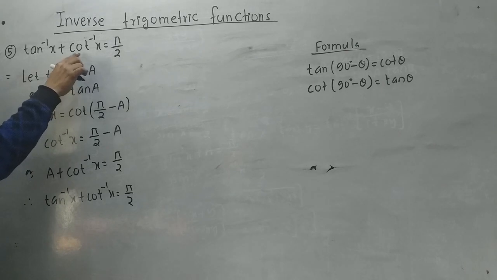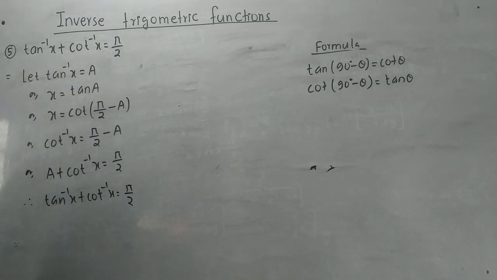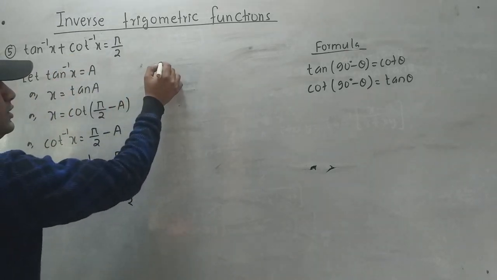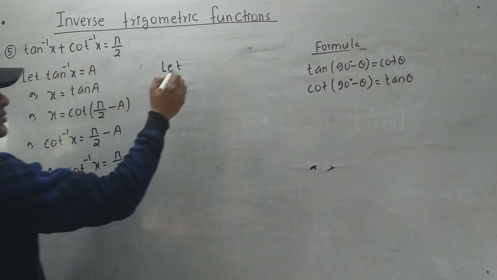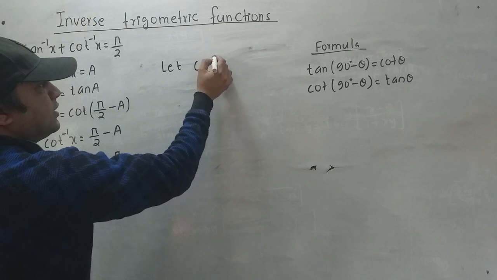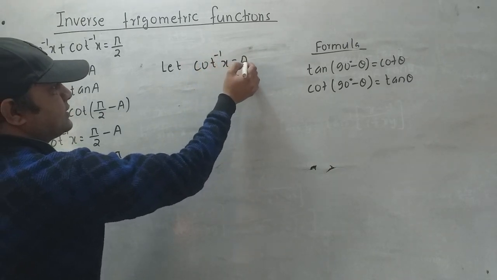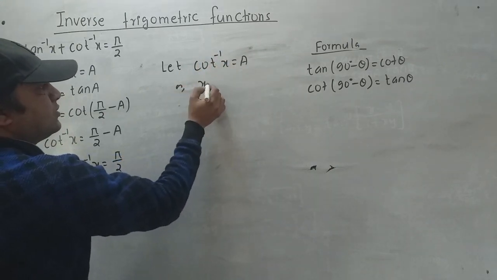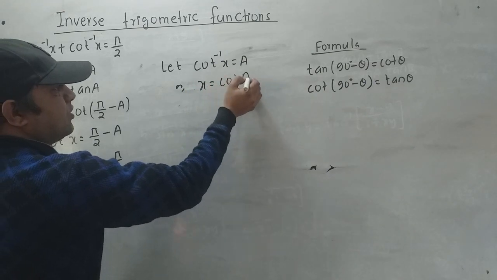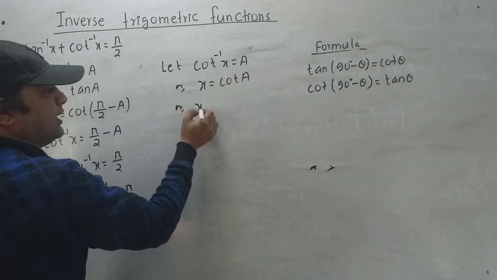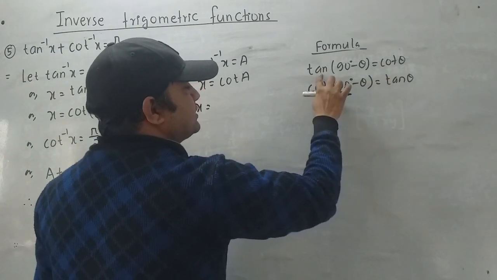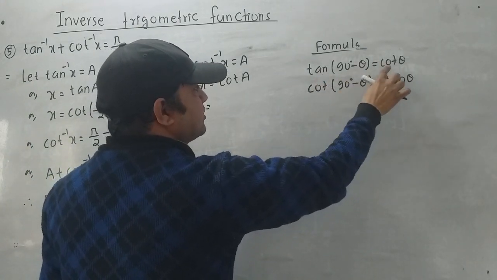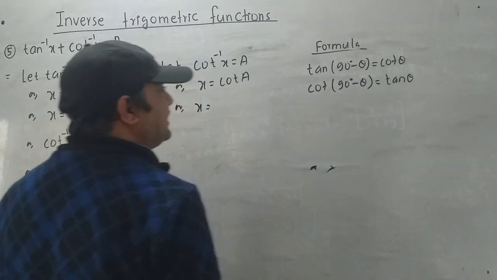It is not necessary that you must start from tan inverse x. You can start from cot inverse x also, so let me explain that. Let cot inverse x equals angle A. So x equals cot A, and for cot theta you can replace it by tan(90 minus theta), so cot A is tan(90 minus A).